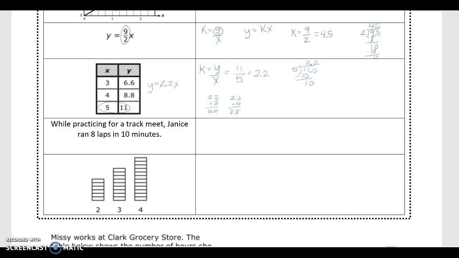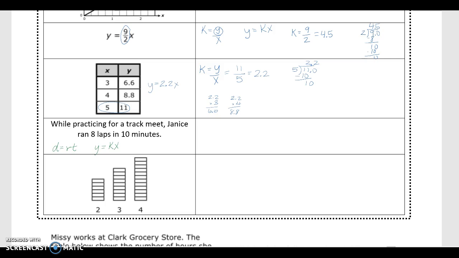Okay, so what about here? This one's a little bit different. This says, while practicing for a track meet, Janice ran 8 laps in 10 minutes. If you look at your formula chart again, you'll see a distance formula of distance equals rate times time. So this is the same type of formula as y equals kx.